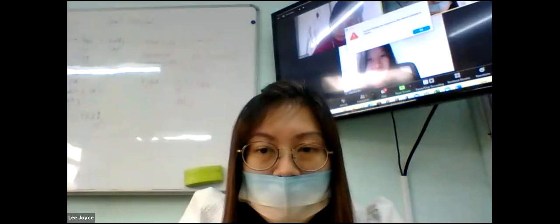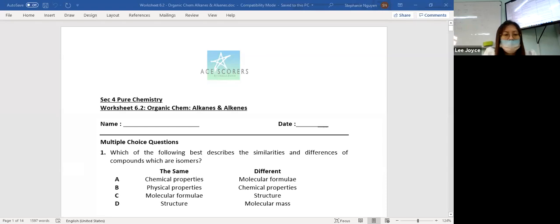Okay, so the last lesson we were looking at worksheet 6.2, and we have also gone through the theory of alkenes and their reactions. Do you remember we talked about alkenes undergoing addition reactions?